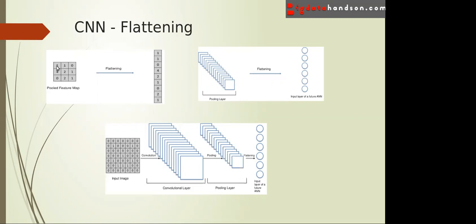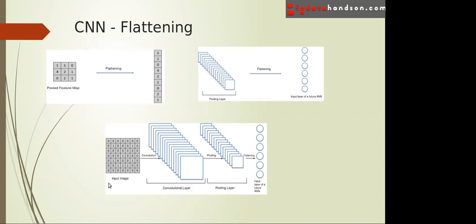So we just convert this 2 by 2 into a single column, like 1 1 0 4 2 1 0 2 1. This is the input features of our ANN model. So after the pooling layer, we'll flatten it and we'll have the input features. These are the input layer of the future ANN, artificial neural network.